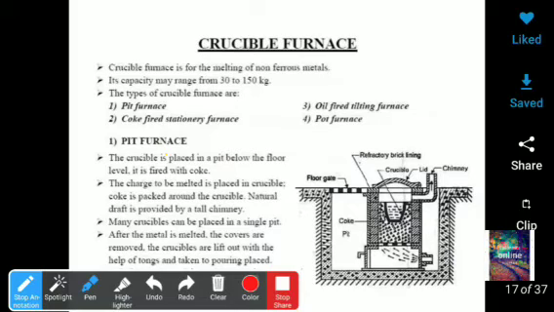Coke is a fuel which we have also used in our cupola furnace, right? Therefore, a furnace made in a pit for melting metal for the casting process is called a pit furnace. So on screen we are sharing the total pit furnace.